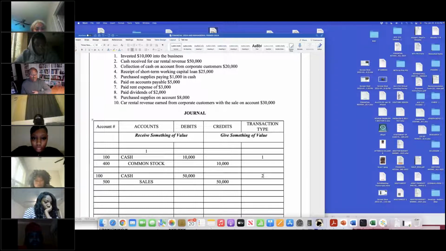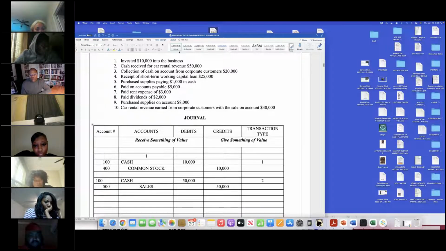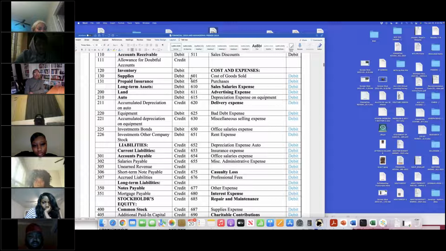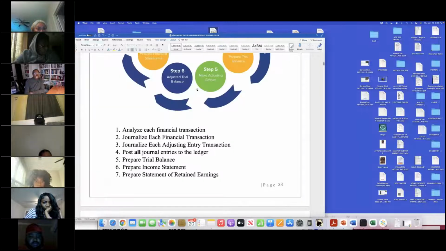Collection of cash from corporate customers. This means that we did some work and we're getting paid later. But we're getting cash, so we know right away what type it has to be? No, I mean what's the journal entry type?